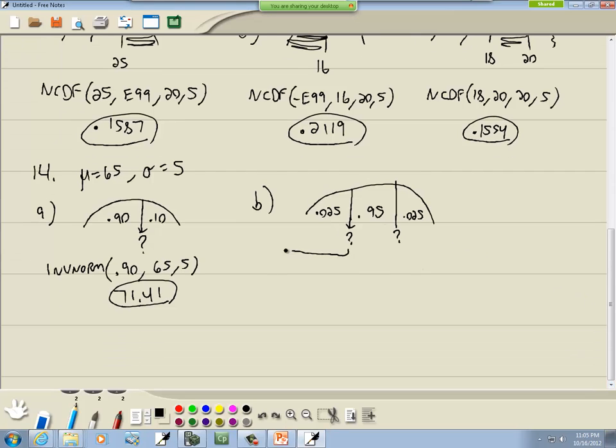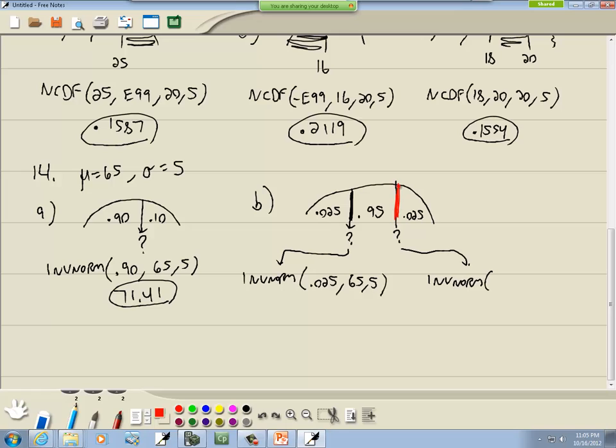So this particular value here, we're going to use Inv Norm on. And look where I'm drawing a line here. We're looking for the area to the left. Well, that'd be 0.025. Then our mean, which is 65, and then our standard deviation, which is still 5. Now this other value, we're also going to use Inv Norm on.